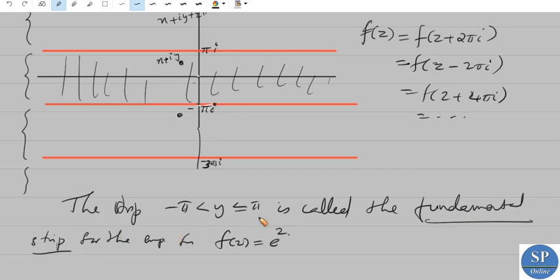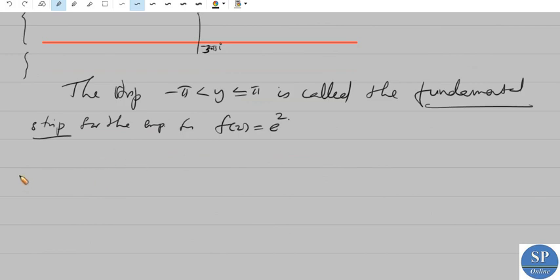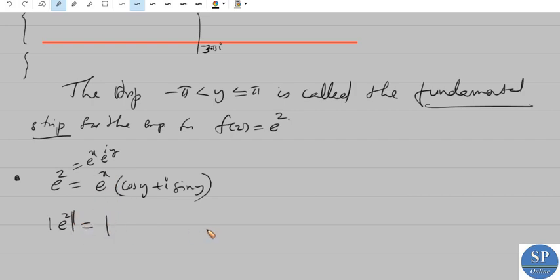Okay, now we can move on to a question. Here also we can find one more property actually. We have e power z is equal to e power x into cos y plus I sin y. Okay, or e power z is equal to e power x into e power I y, right? So what is the modulus of this? Modulus of e power z is nothing but modulus of this e power x into modulus of cos y plus I sin y.